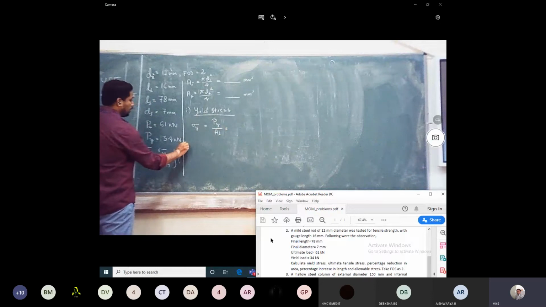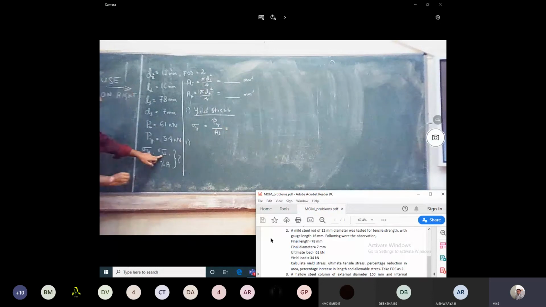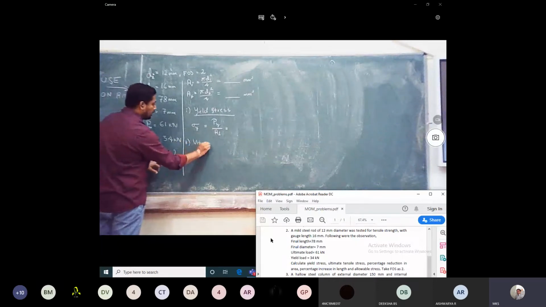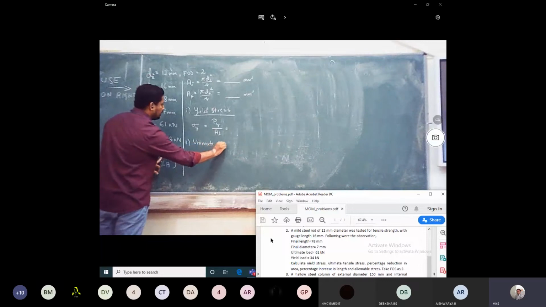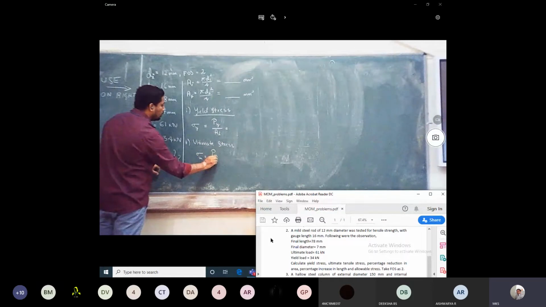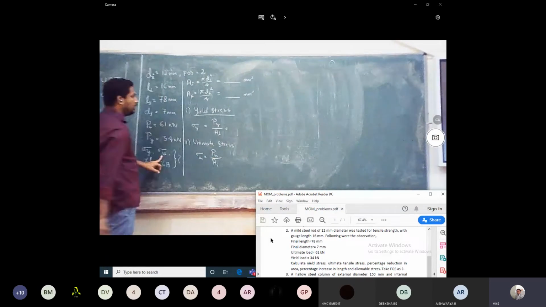Next, the second one: I need to find the ultimate stress, sigma u. Sigma u is equal to ultimate load Pu by area, which is always the initial cross sectional area, unless it is true stress.